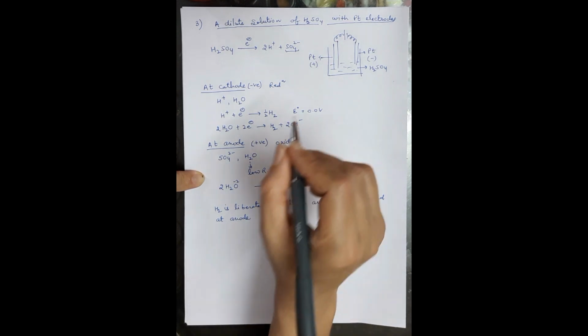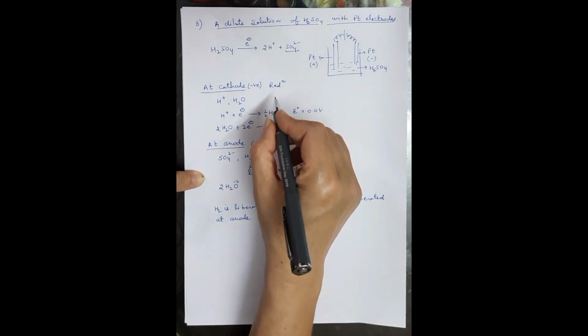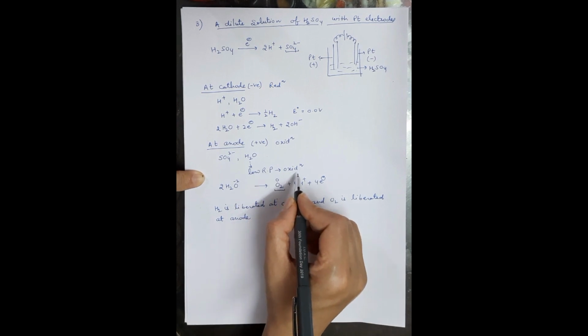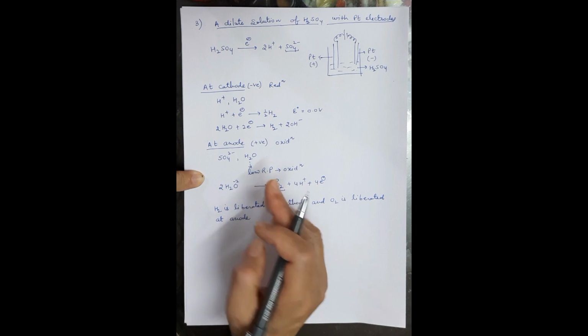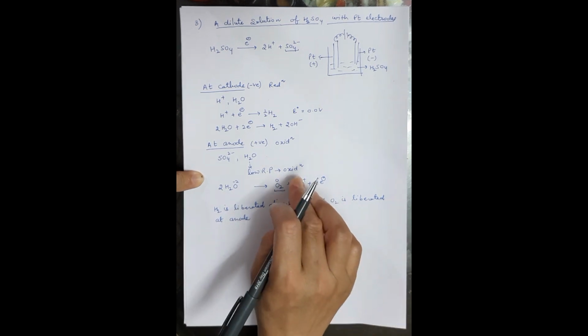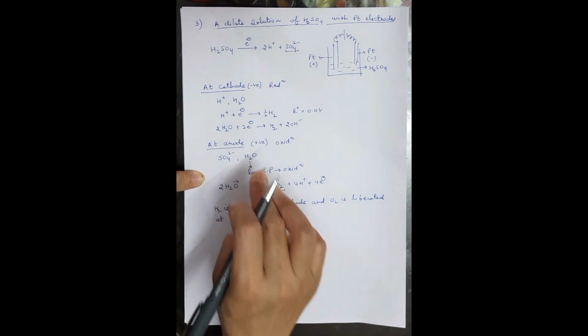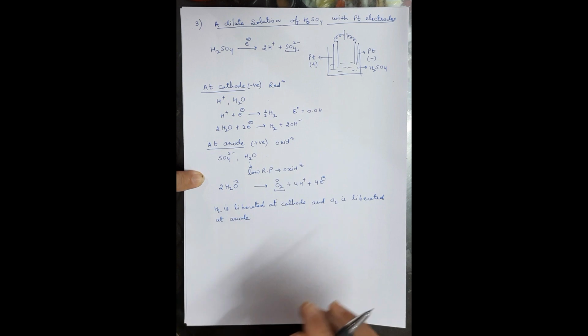So I hope you are understanding. One which has higher reduction potential will undergo reduction at cathode, and which has lower reduction potential will undergo oxidation. जिसका लो रिडक्शन पोटेंशियल होगा वो रिडक्शन में नहीं जा सकता, उसको ऑक्सीडेशन में जाना पड़ेगा. So out of the two you may check it in the electrochemical series. Water has low reduction potential, so this will undergo oxidation.